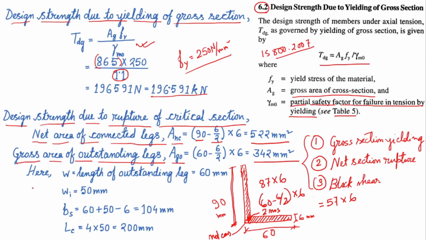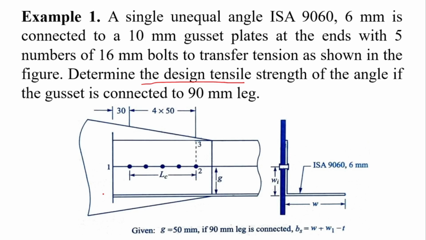Now W equal length of outstanding leg, 60 mm. Outstanding leg means the leg which is not connected to the gusset plate, it is 60 mm, and WI it is 50 mm. So what is WI? If you see our question, this Z is given, Z is 50 mm.